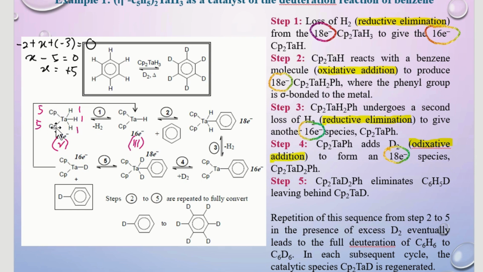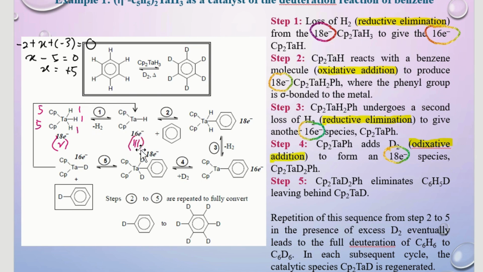For the first step, the loss of H2 is a reductive elimination. From the first compound, which has 5 ligands, going through the first step they lose hydrogen gas, so they have only 3 ligands.